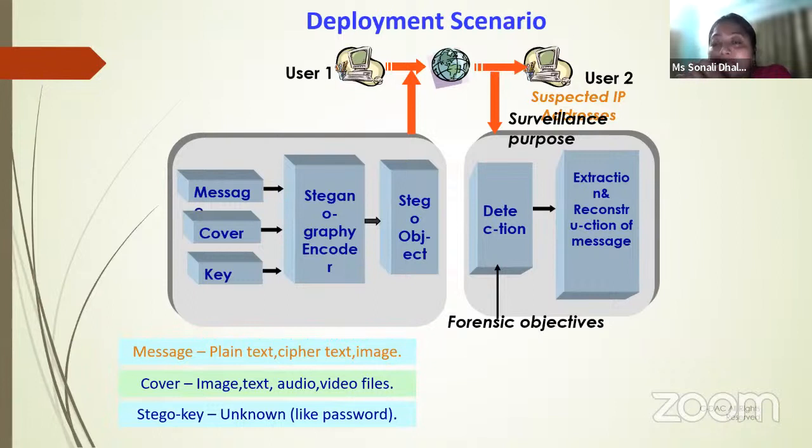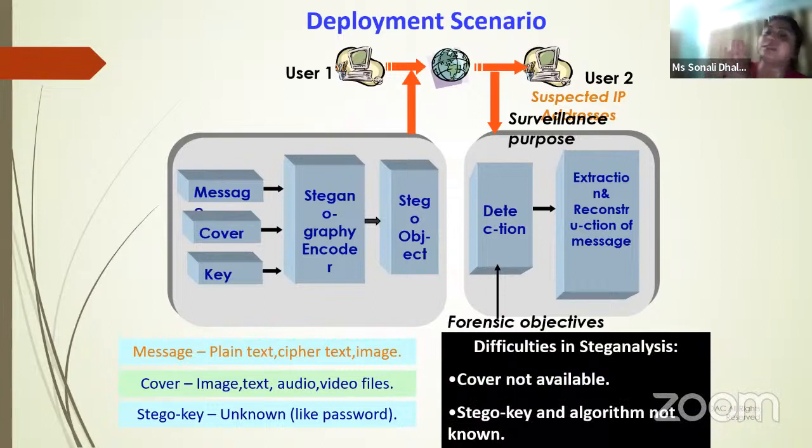If anything is hidden, then he or she tries to extract and reconstruct the message. Now the message can be any kind of multimedia object, the cover can be any kind of multimedia object, and the stego key is unknown, like a password.